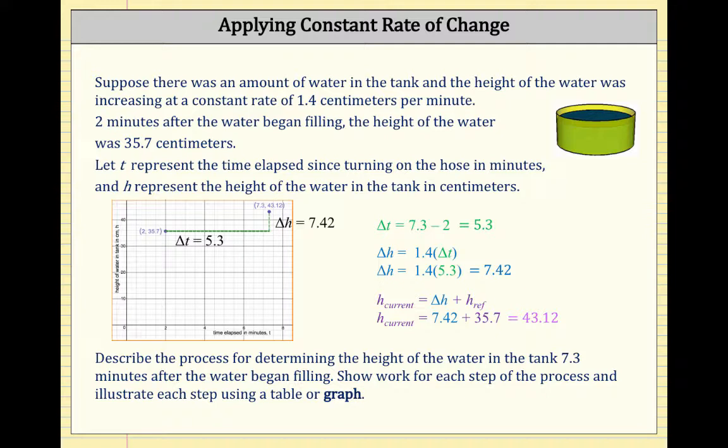And the 43.12 is the result of taking that change in height, 7.42, plus that reference height of 35.7, adding 7.42 plus 35.7 to give us 43.12, which is the y-coordinate, or in this case the h-coordinate, the output coordinate of the graph.